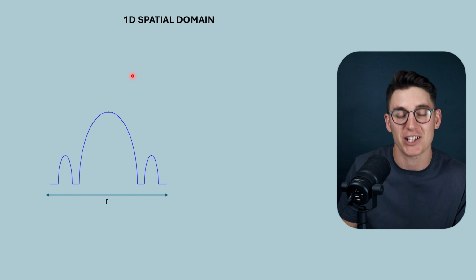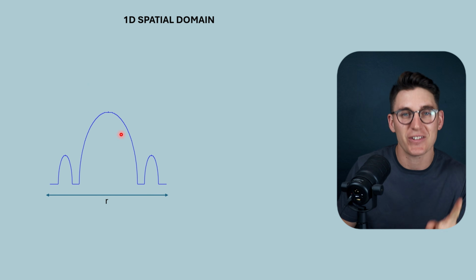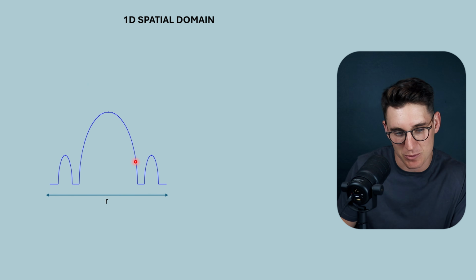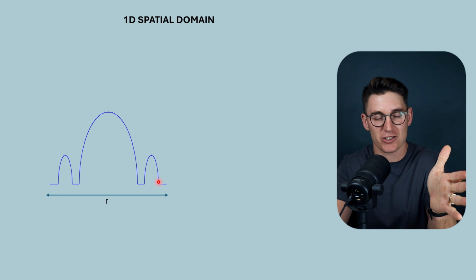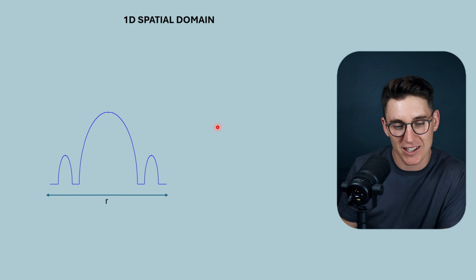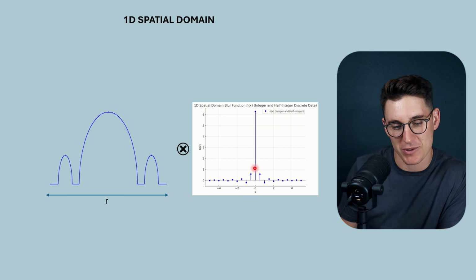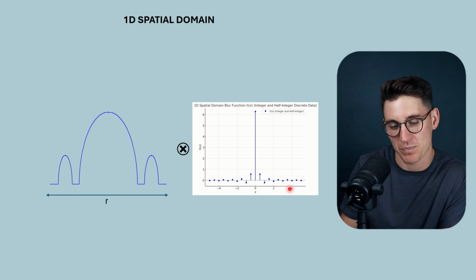Again, this is a one-dimensional spatial domain. We say that the attenuation data at a specific location is represented by this graph here. Now, if we were to use this one-dimensional spatial data to back project and create a simple back projection image, the blur that would be introduced would be represented by this function here, a one-dimensional spatial domain blur function.